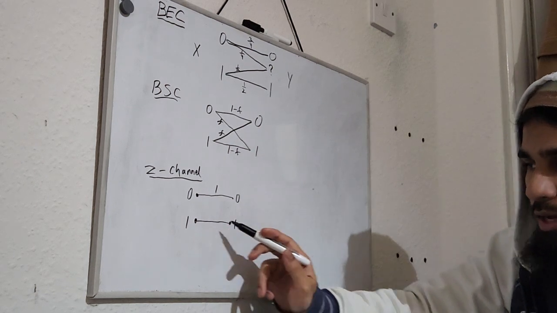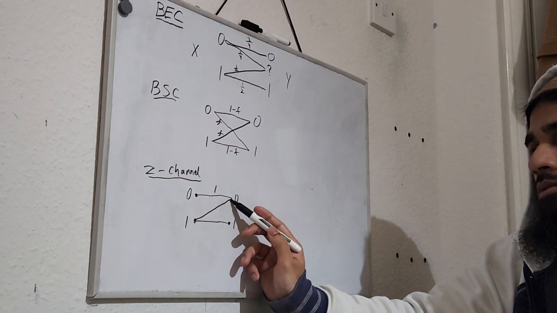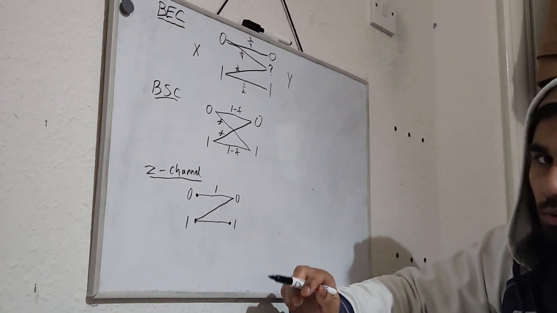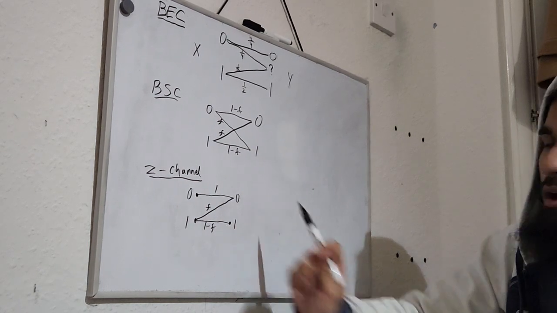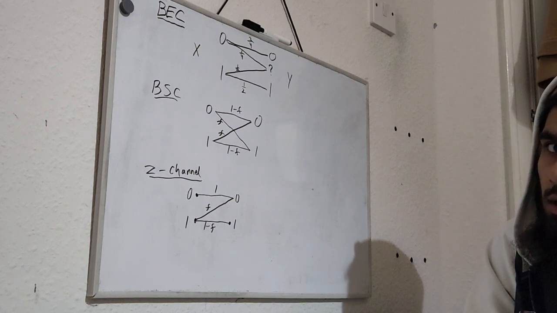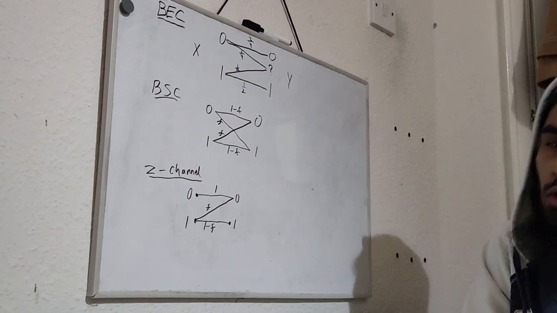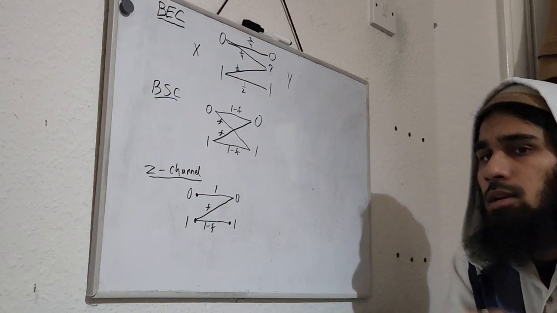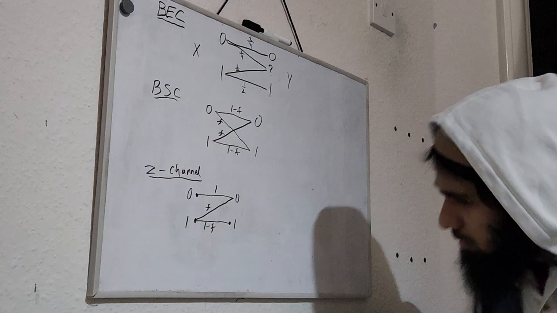If you're sending a 1, you might get a 1 in your output, and you might get a 0, but never a 0 and then you get a 1. If you think about it, if you send no signal, nothing's going to interfere, so you'll always get a 0. But if you send a 1, then as it goes through the channel, it might weaken and become a 0. So there's an error.